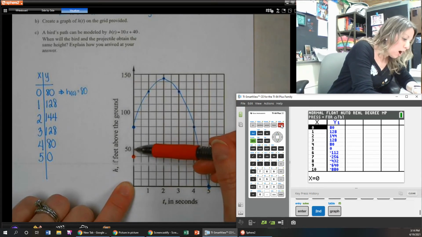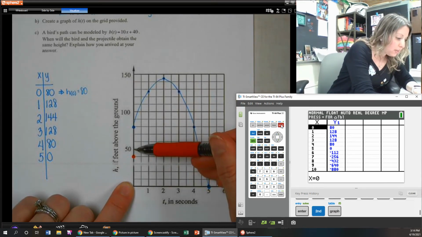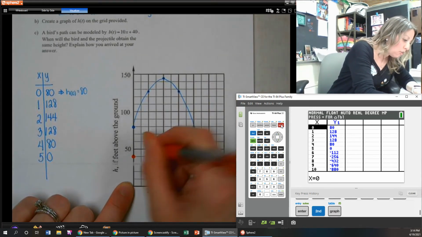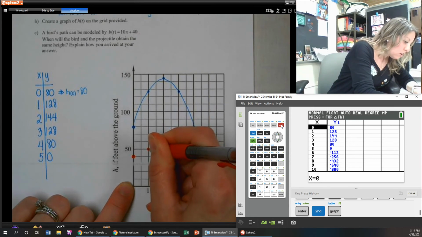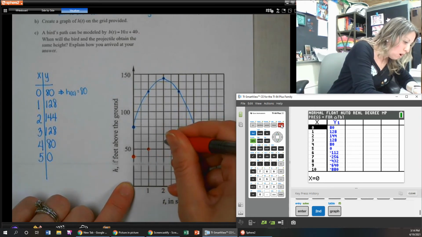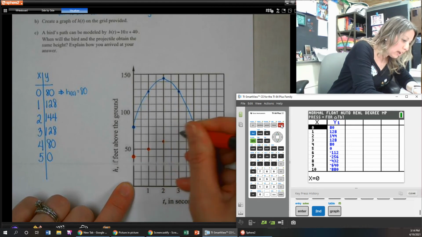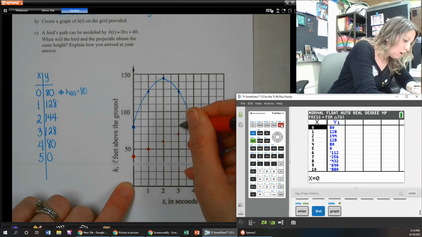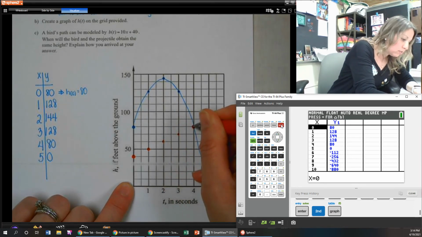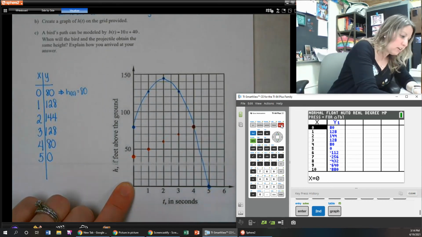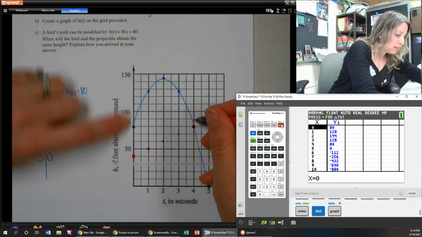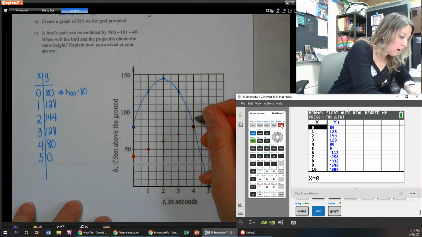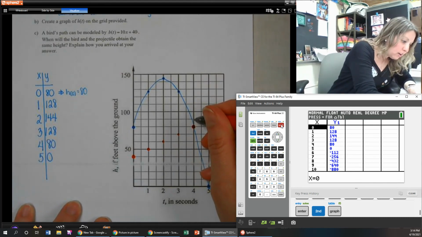So each move up this way is 10. And then if I want one move, I have to go all the way over here. So up 10, right 1 is what I'm looking at. So be careful on your scale. See that? And we get that intersection point. So since each of these is worth 10 on this side, up 1 block is up 10.